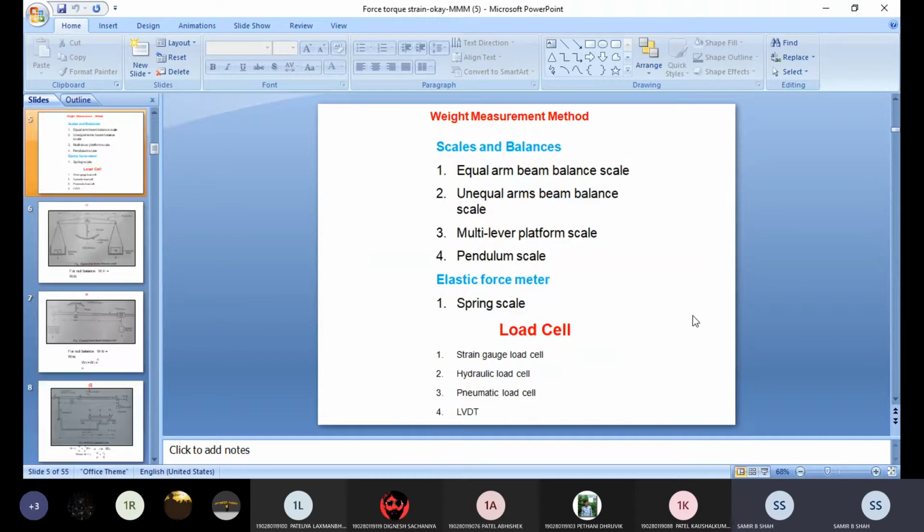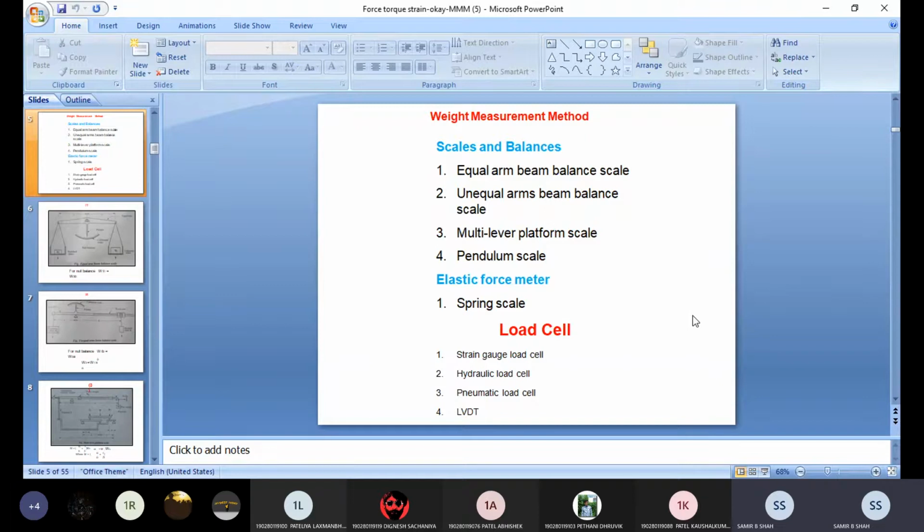This is some previous classification of force measurement, where we discuss the scale and balancing principle, elastic force meter, and load cell. In the scale and balancing, we discuss the equal arm beam balance method, unequal arm beam balance method, multi-lever platform scale, and pendulum scale, right?